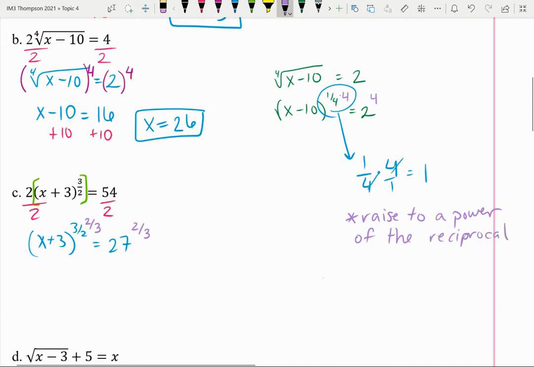Reciprocal. Because what happens here is when I have 3 halves to the power of 2/3, I multiply those. Power to a power means I multiply, and I get 1. So by raising it to the power of 2/3, I'm left with x plus 3 on the left-hand side.